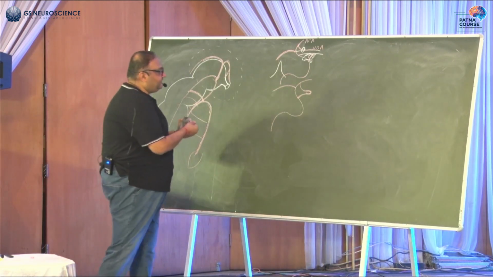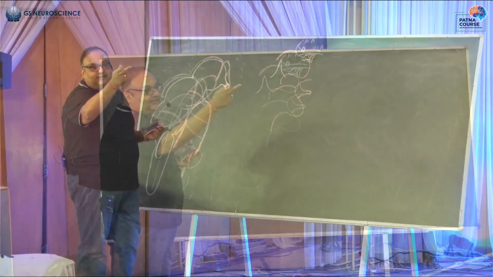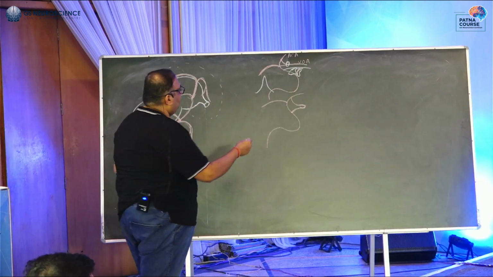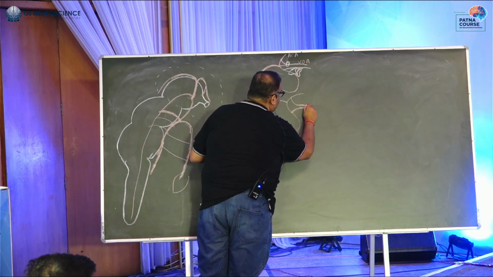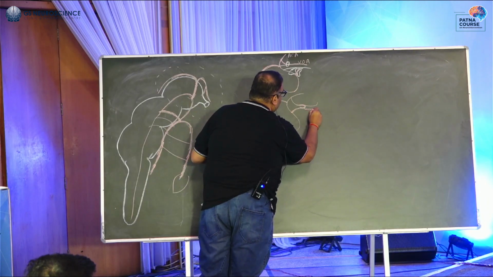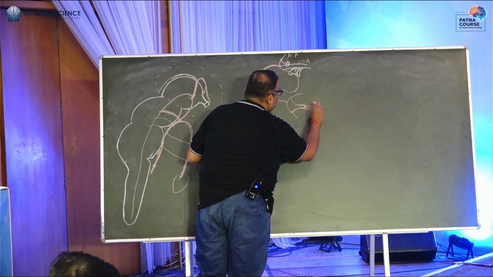Now, in the next phase, the vessels that are destined to supply the retina and the choroid, they are annexed by these two vessels, so that this loop gives rise to two long ciliary arteries and to the central retinal artery.